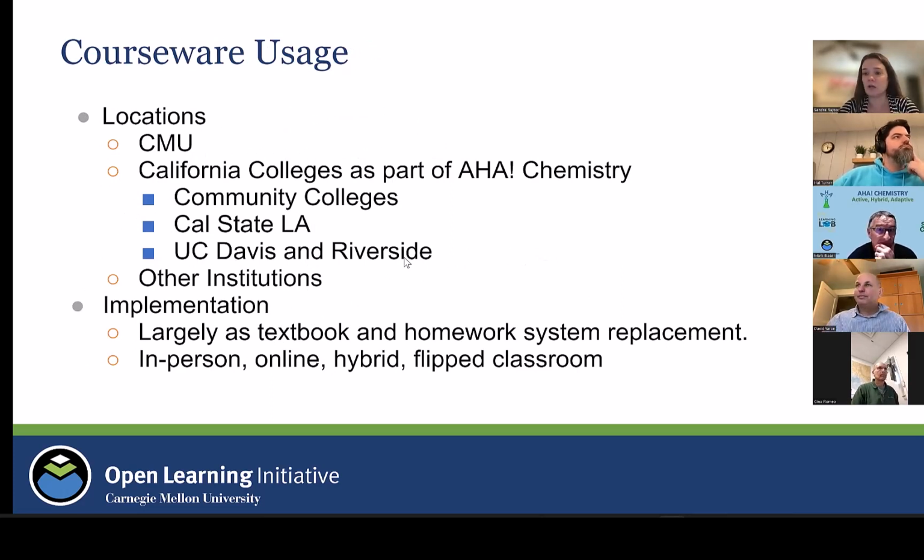We have community colleges up to R1 universities. Most instructors use it to replace their online textbook and homework, and it can be used in a lot of different modalities: in-person, online, hybrid, or flipped classroom.